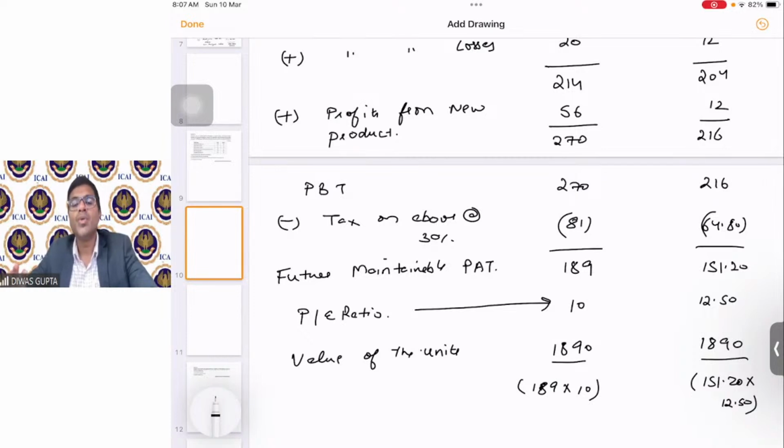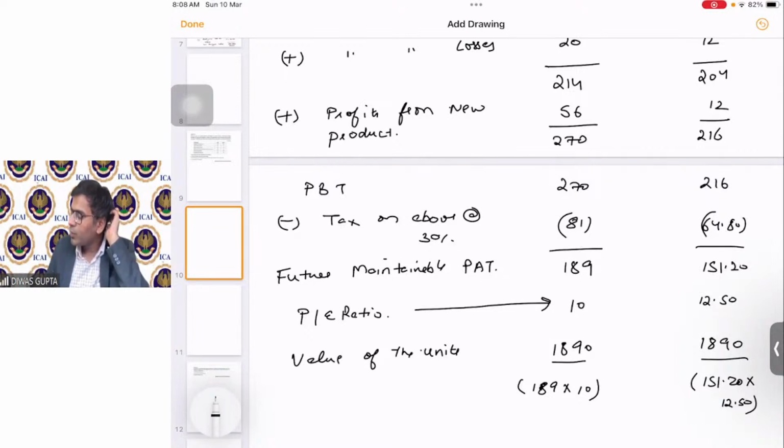Okay, so we will go with the PE ratio now as a second step because the value of the units is same. Had the value of units been different, we would have decided in some other way. So PE ratio for unit 1 is 10. Hence, we are good to divest unit number 1. Jyoti, just check once.